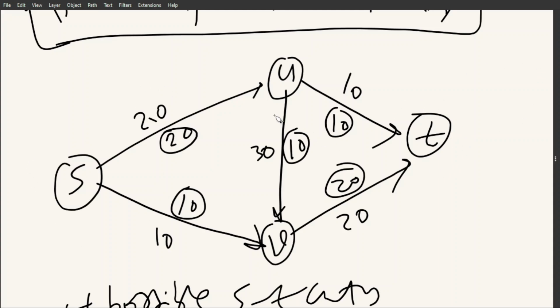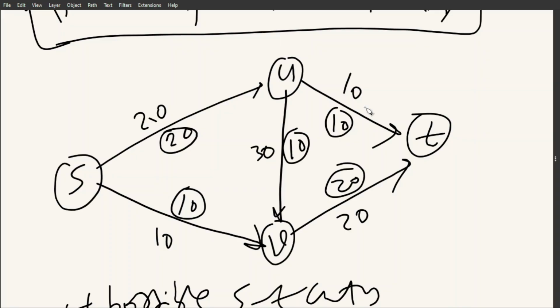How many possibilities are there? First, A can have only s and B u, v, t. Second, A can have s, u and B v, t. Third, A can have s, v and B can have u, t. Fourth, A can have s, u, v and B can have t. Only 4 possibilities. In each case I have shown that the value of the flow is flow out of A minus flow into A.